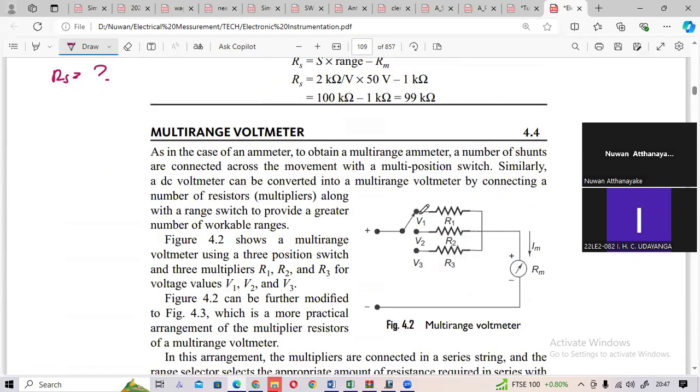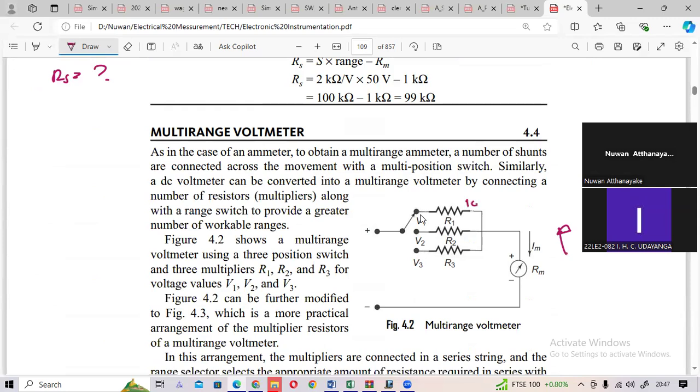Then how can you do multi-range? If you need to move to multi-range, you can simply connect multiple resistances with a switch.